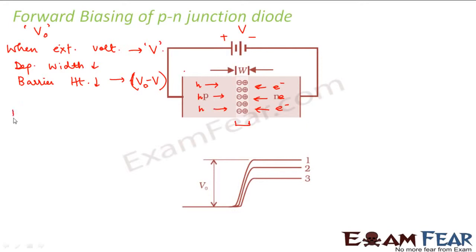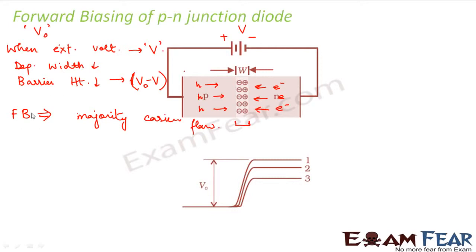So forward biasing encourages the majority carrier flow. That means as you increase the external voltage in forward biasing, more and more majority carriers will flow across the junction. Therefore, the current will increase.